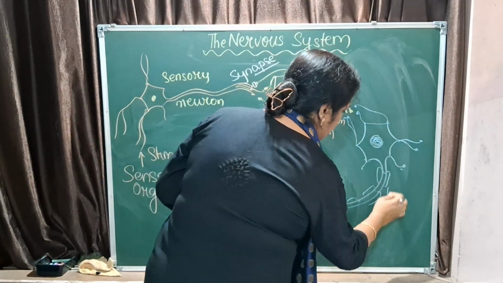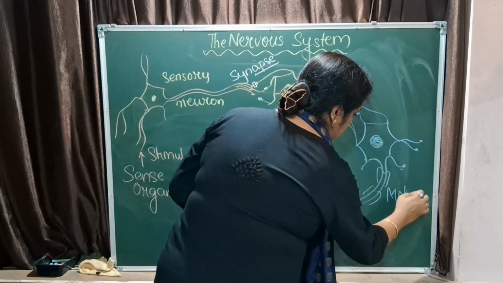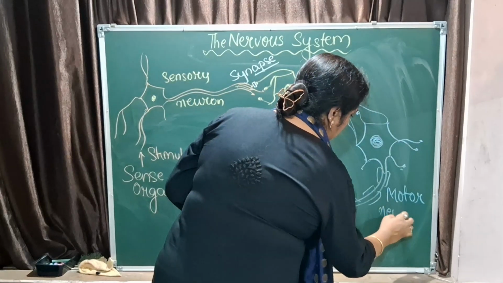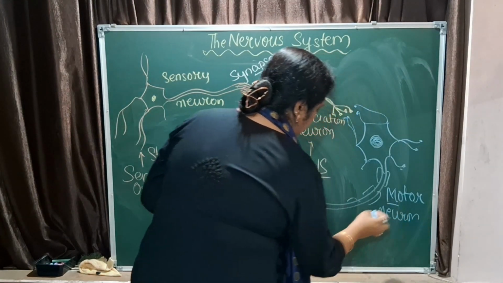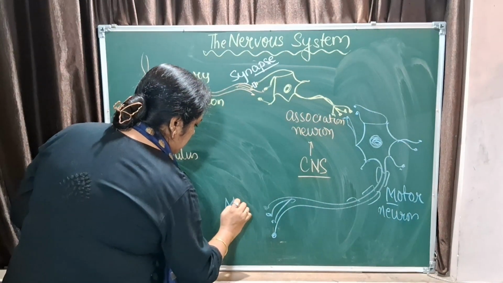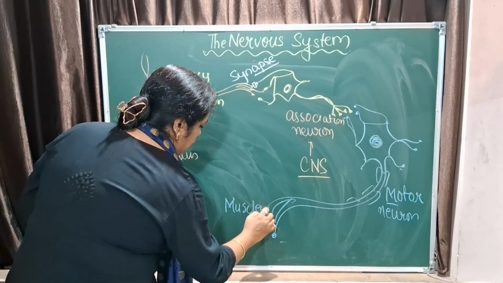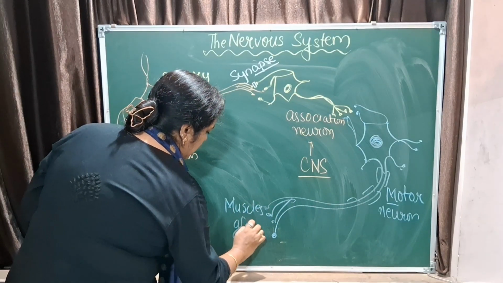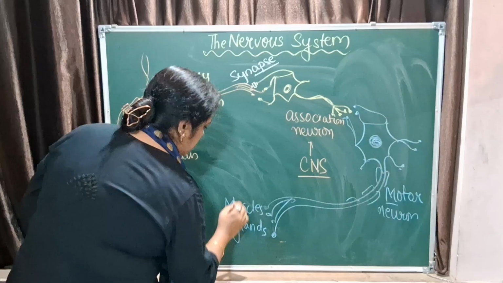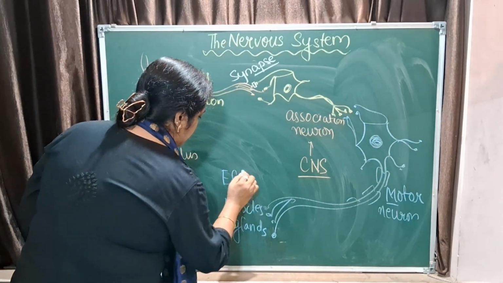This is your motor neuron. Now, the motor neuron is connected to the muscles or glands, and they are called the effectors.